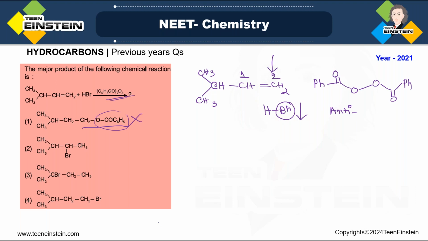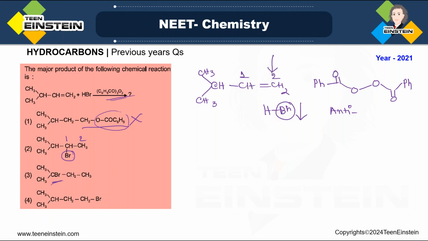Then look at option 2. In option 2, keeping the basic structure the same, the double bond is removed, but bromine is added to carbon number 1. So it is according to Markovnikov, not anti-Markovnikov. So that is wrong. Then option 3, Br is added here, as if there is some rearrangement taking place.